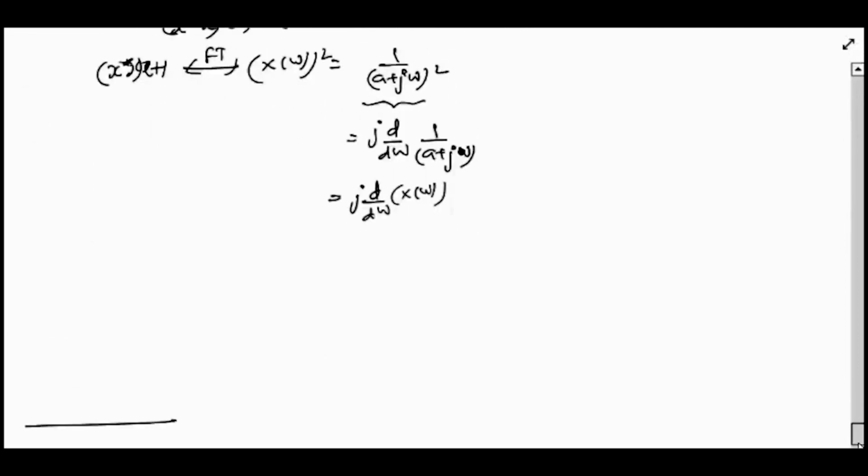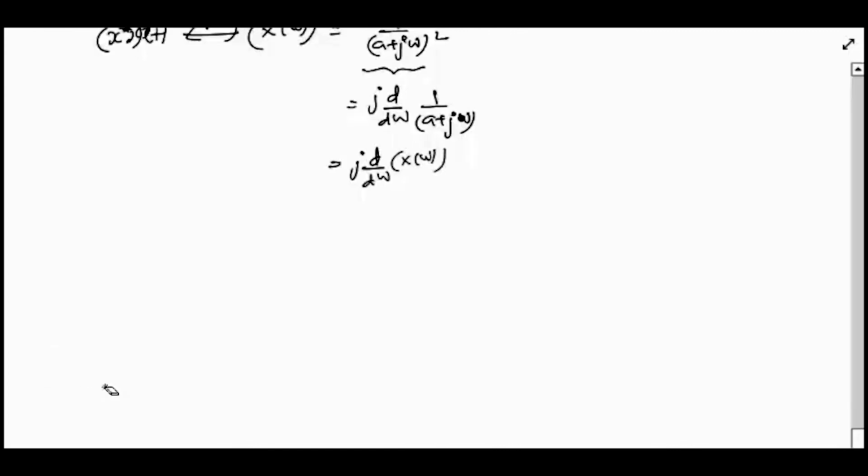We know that d over d omega X(omega) has inverse Fourier transform which is minus jt x(t). So this whole thing, j d over d omega X(omega), will have inverse Fourier transform which will be minus j square t x(t).